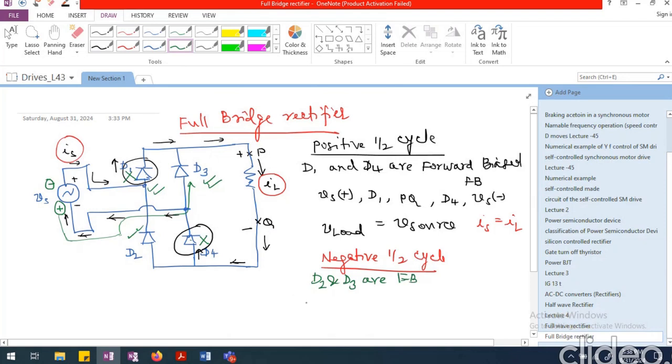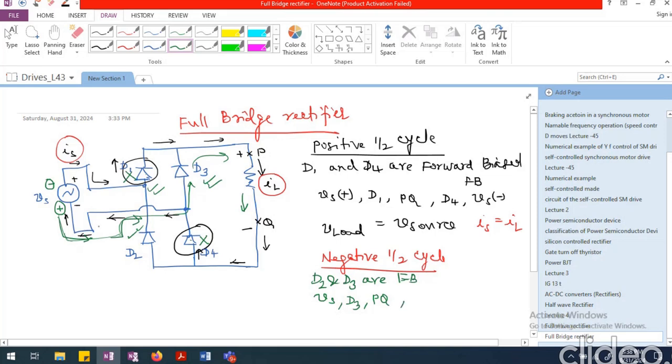The current is going to go from Vs through D3, and from D3 to PQ. Please note in PQ, the current direction is again only downward.